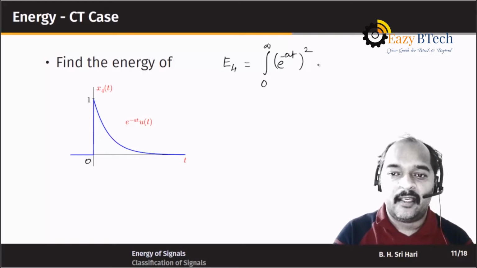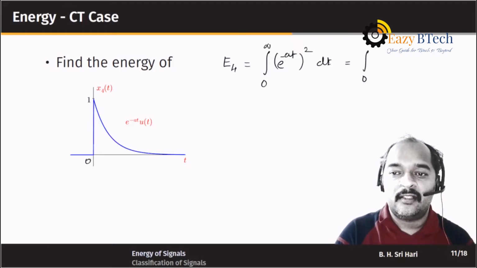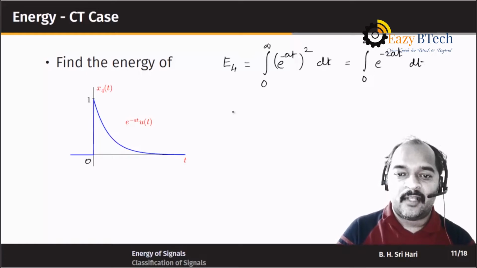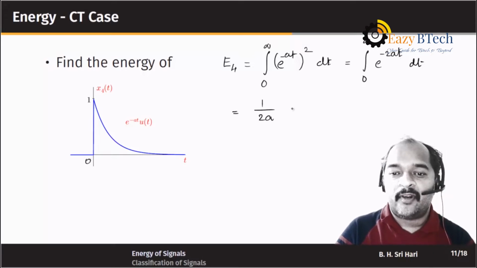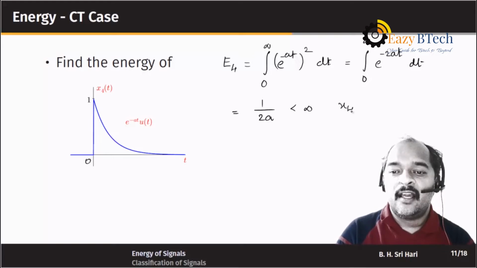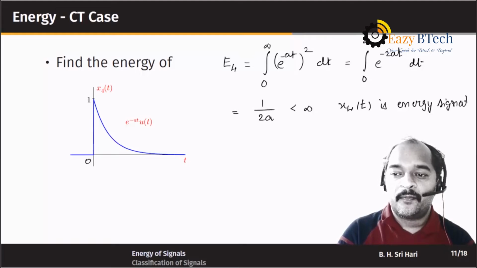Here we assume that a is real, and hence you get the integral from 0 to infinity of e power minus 2at dt. That easily simplifies to 1 by 2a, and because this is less than infinity, x4 of t is also an energy signal.